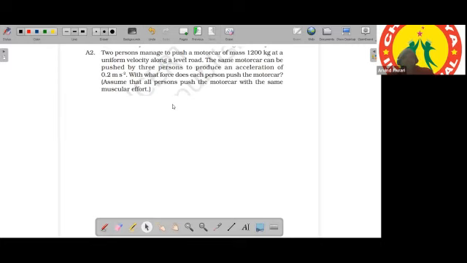The same motor car can be pushed by three persons to produce an acceleration of 0.2 meter per second square. With what force does each person push the motor car? You have to tell the force with which each person pushes the car.